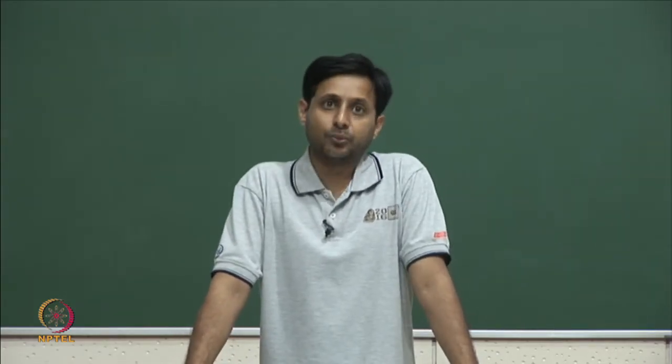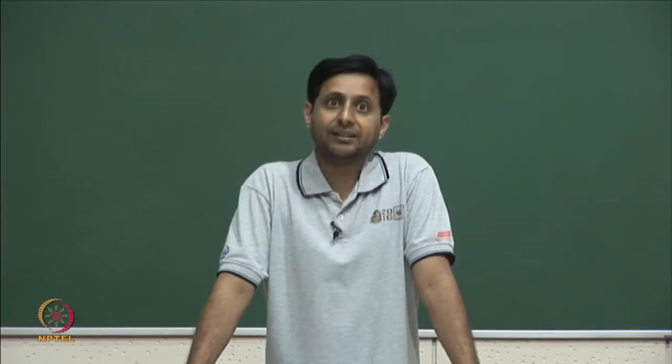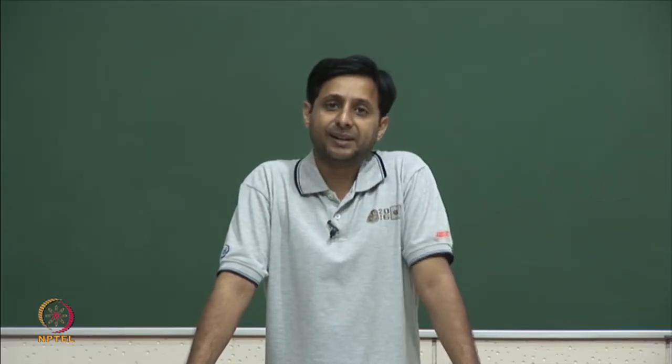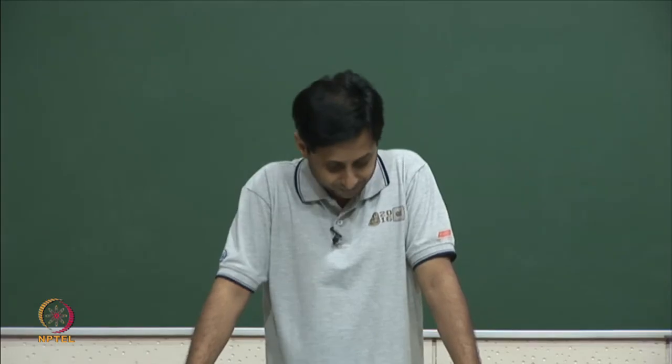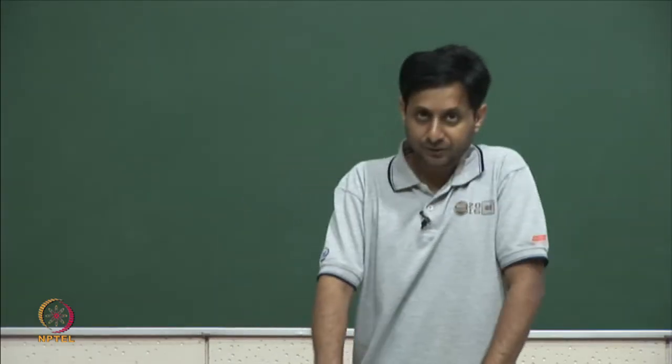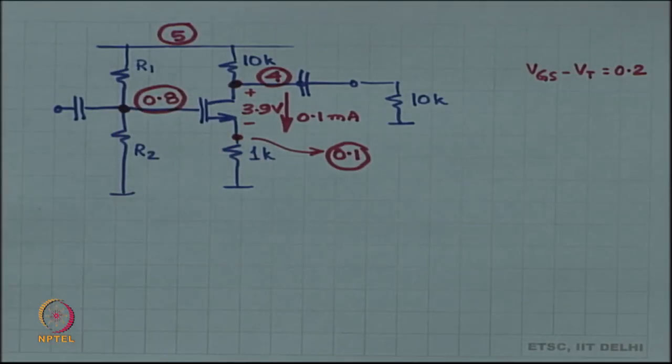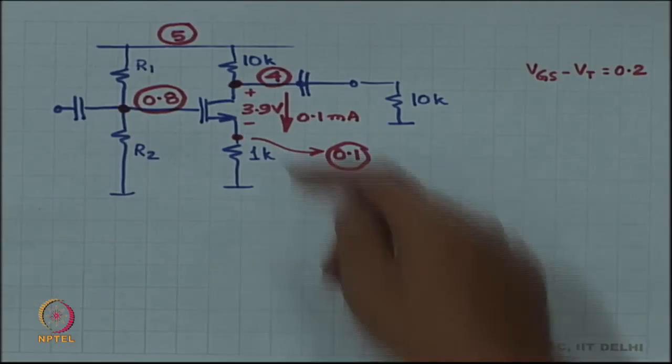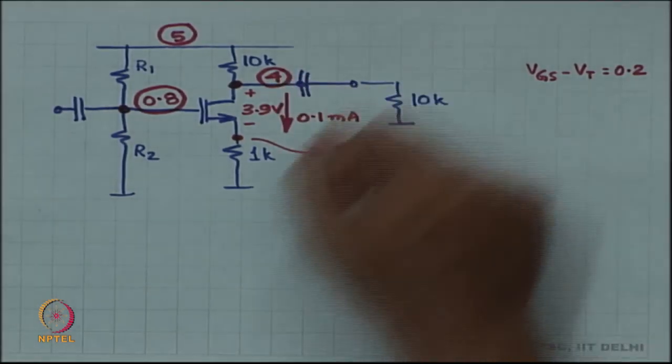Okay. So, this is the DC operating point analysis, and once you are through with the DC operating point, then we need to figure out what are the limits, the maximum and minimum at the output. Okay. So, the input is going up and down around 0.8, right. Accordingly, the output is going to go down and up around 4.